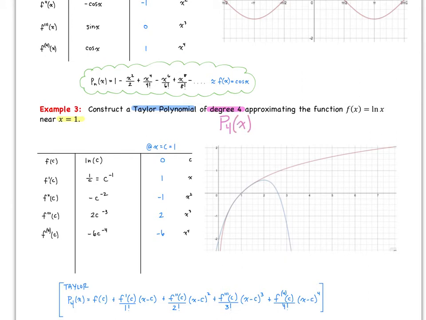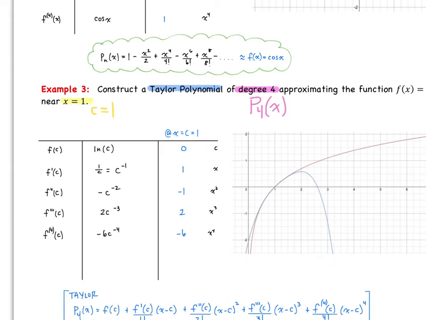So we want P4, and since x equals 1, this is like our c equals 1 value. So we're going to create this Taylor polynomial, degree 4, to approximate ln of x near x equals 1. So we're going to evaluate this when x equals c, which is equal to 1. Okay, so it's centered at 1.